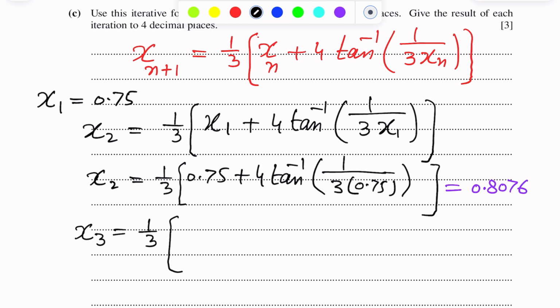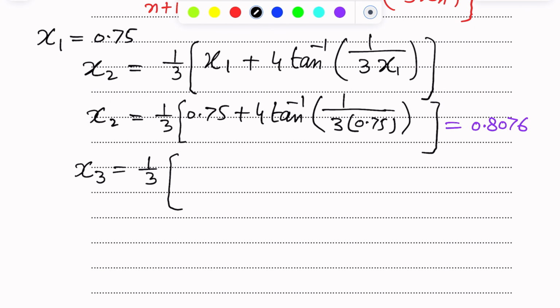Putting the value of x2, 0.8076 plus 4 tan inverse 1 over 3 into 0.8076.